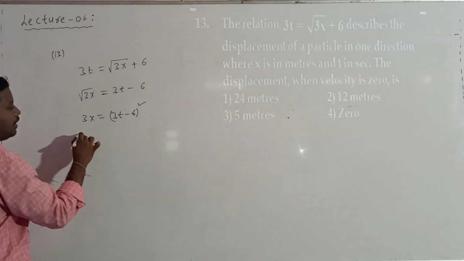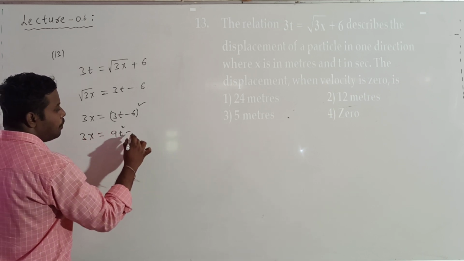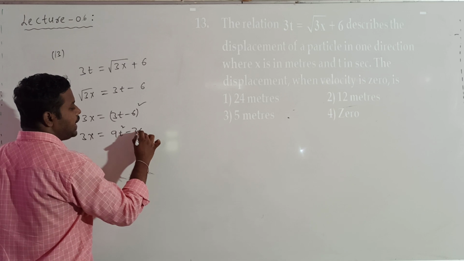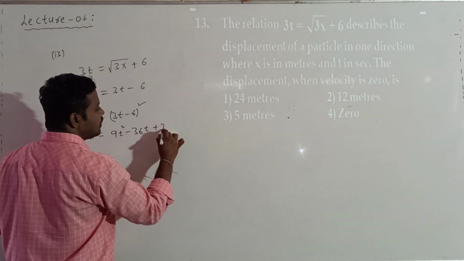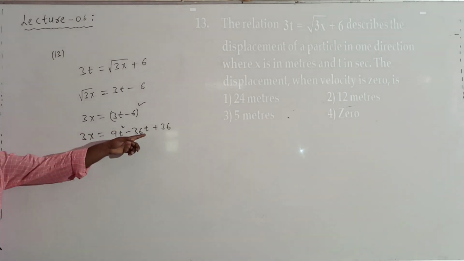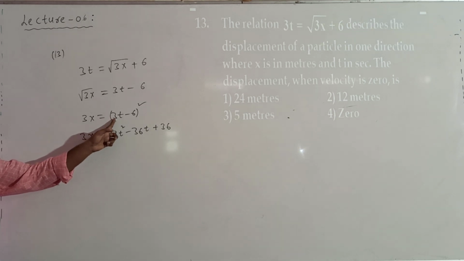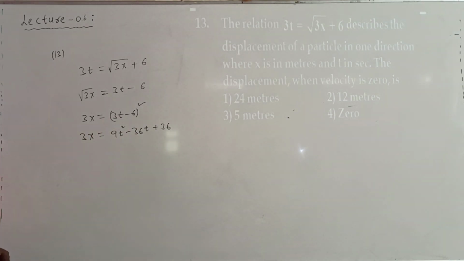Clear now? Then 3x = 9t square - 36t + 36. This is a square plus b square minus 2ab: 9t square, 6 square is 36, and minus 2 into 3 into 6, which is 36t.